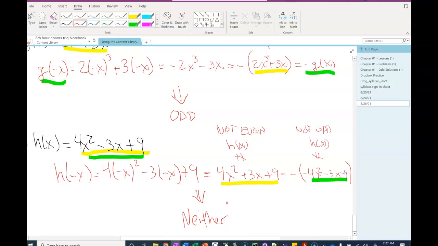So my question for you, Dominic, here we had an even exponent, an odd exponent, another odd exponent, and it was neither. The first one, we had even exponent, odd exponent, and it was even still. So you're close though. Okay?